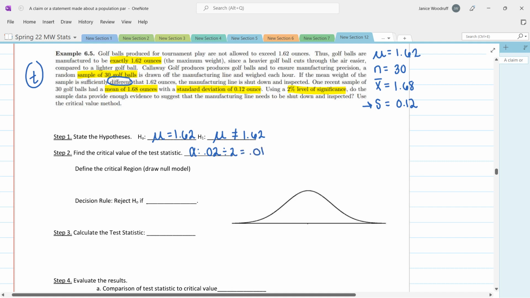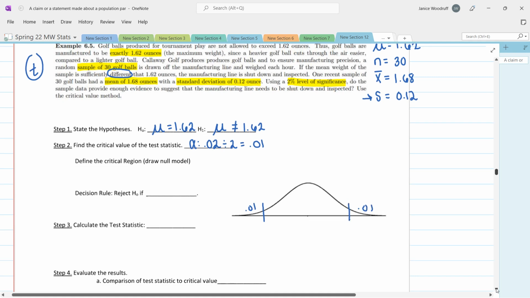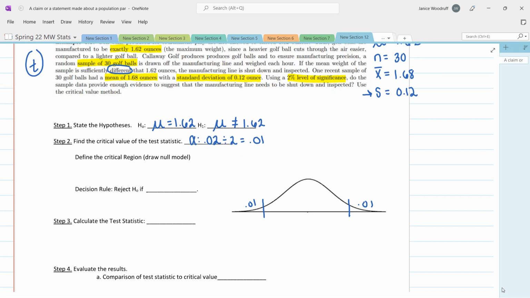So we have 0.01 on either side. So 0.01 on the left, 0.01 on the right. And we have degrees of freedom. For a sample size of 30, degrees of freedom is 29.